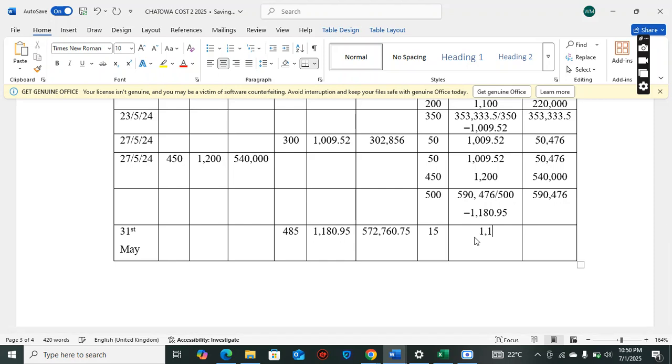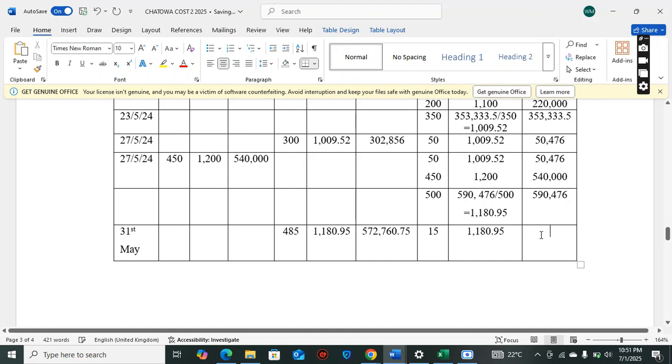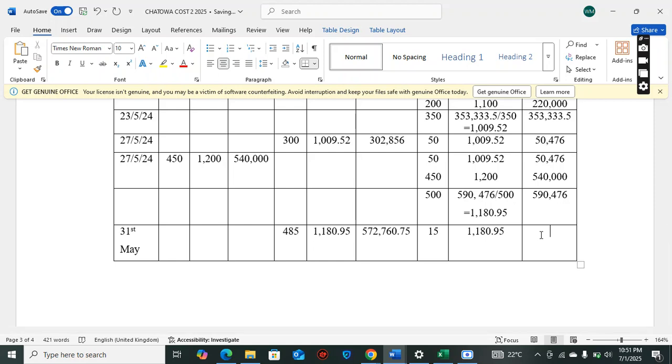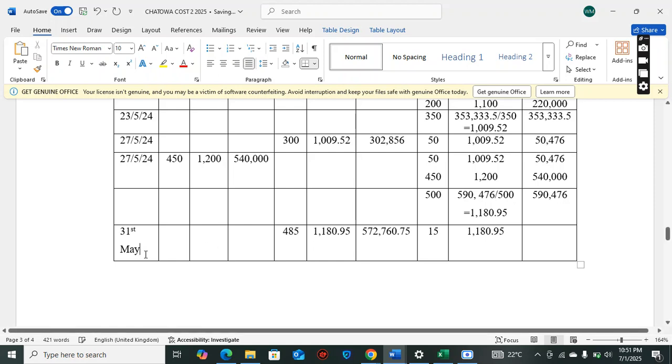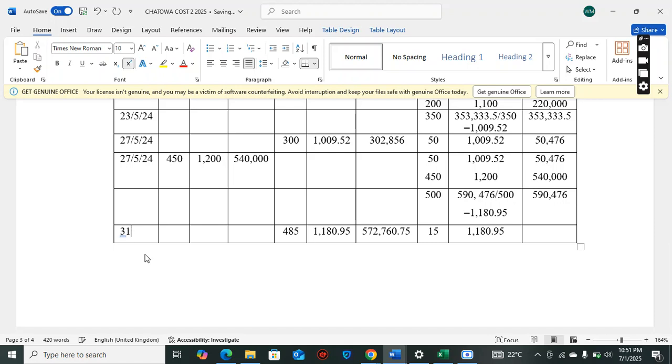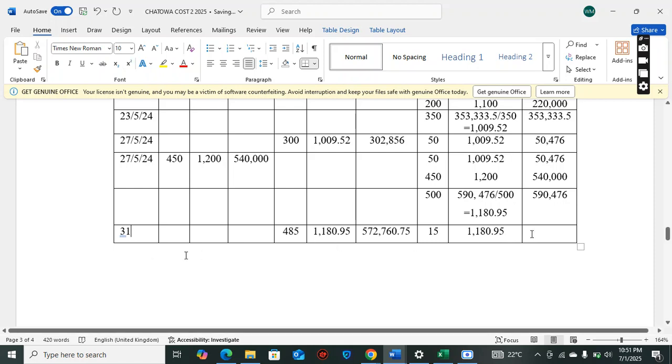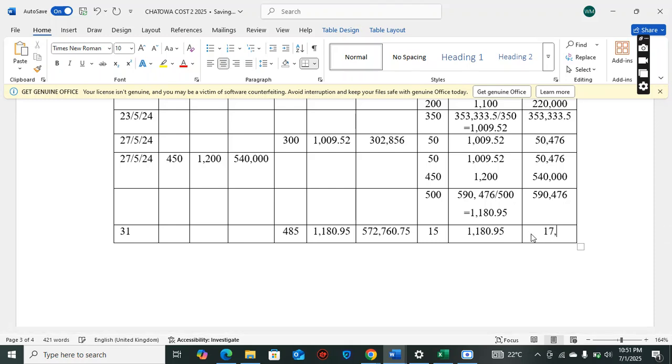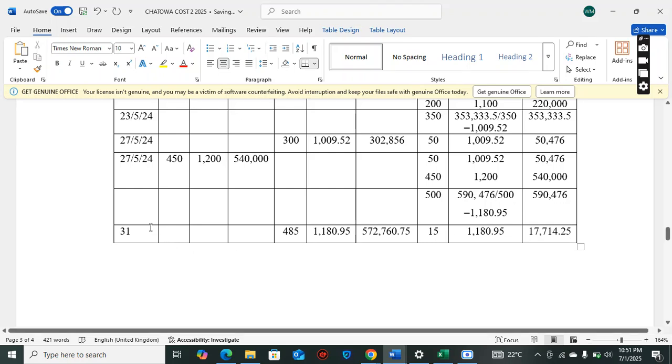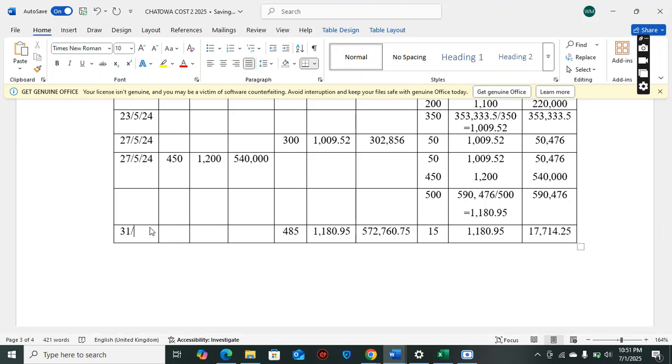So 15 times 1180.95. 17,714.25. Okay, that is the value of our closing inventory. Any questions? Before now, we calculate the profits.